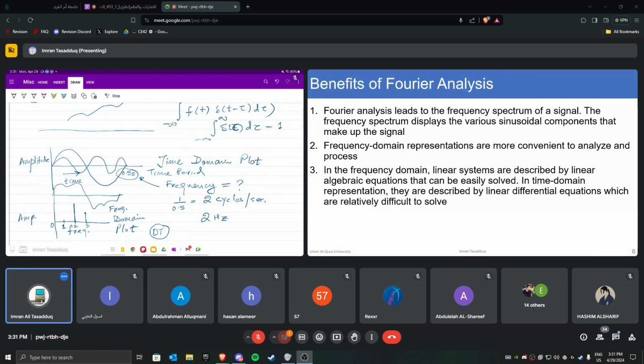In the time domain, many times you have to solve a linear differential equation, and it is much more difficult to solve a differential equation than an algebraic equation. So in some cases, if you use Fourier and convert your signal to the frequency domain, then it is easier to solve the system or to analyze the system.